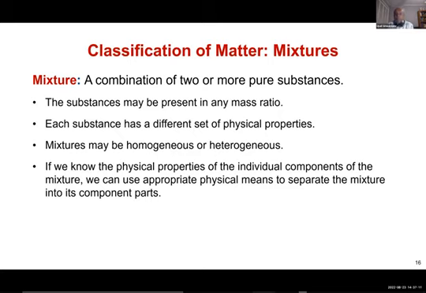We talked about an alcohol water mixture.